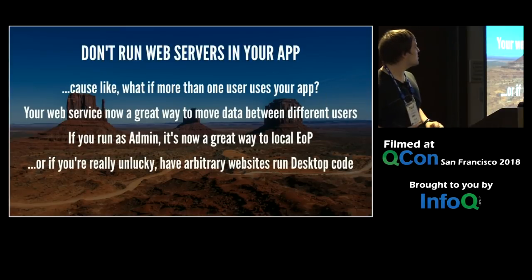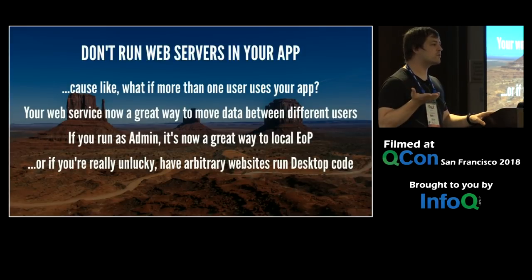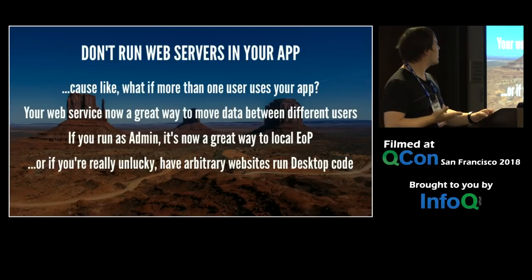Because what happens if more than one person uses your app, right? In the enterprise, it's really common to set up a terminal server, this big, huge box that has 50 users. People install your app, and then all 50 users can use it. Well, if you all expect that localhost:1234 is where you're going to put your web server and then connect to it from Electron, now you've got more than one person doing it at the same time.